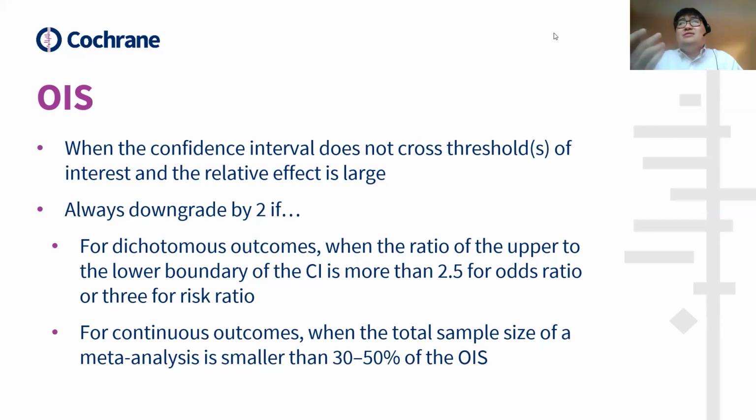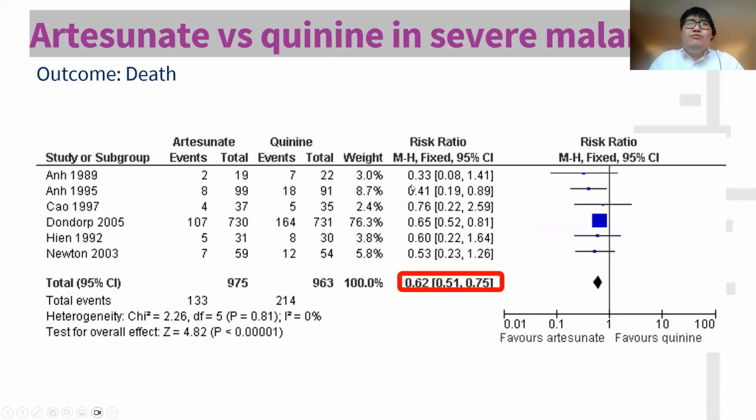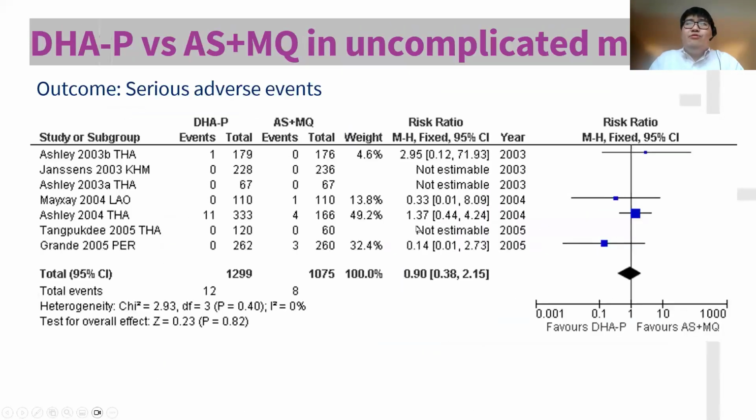In the cases that optimal information size is considered, most of the time I see it is when you have very obvious underpowering already, like the example I gave with this forest plot where you've only got 20 events combined total, but you've got 2,300 and something sample size. So here it's very clear cut that it is underpowered.